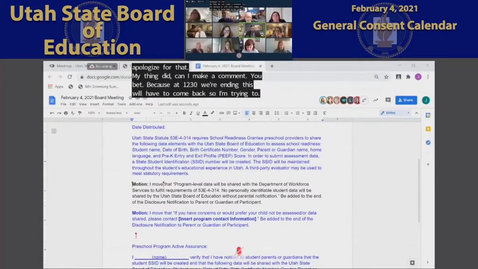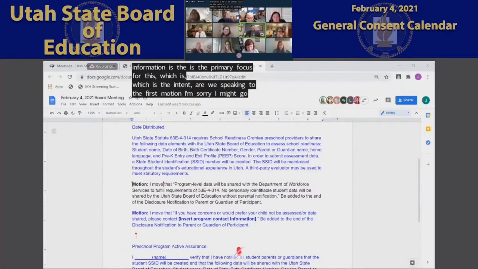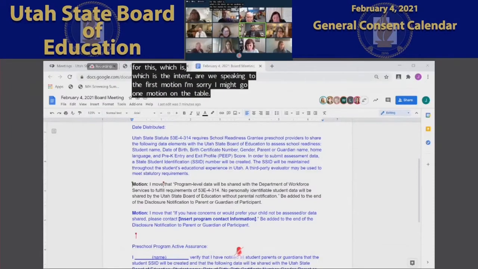Just quickly, are we suggesting that we have another document for parents to sign as they fill out the many forms, to sign something that's already in place? Is that what I'm understanding? The last sentence says to be added, part of the motion, to the end of the disclosure notification to parent or guardian.